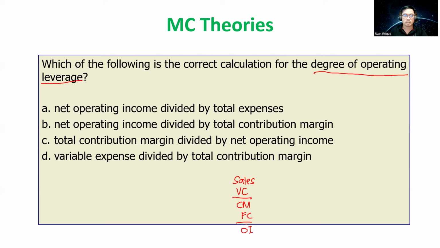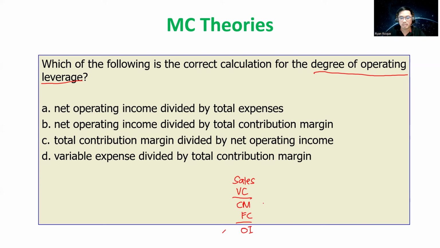Okay, so which one is correct to calculate the degree of operating leverage? Is it A, net operating income over the total expenses, or B, the net operating income divided by the contribution margin, or is it C, the contribution margin divided by the net operating income, or D, the variable expense divided by the total contribution margin?